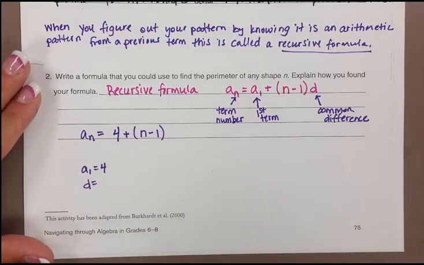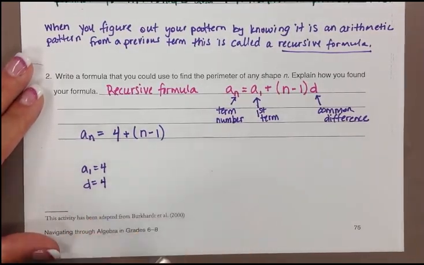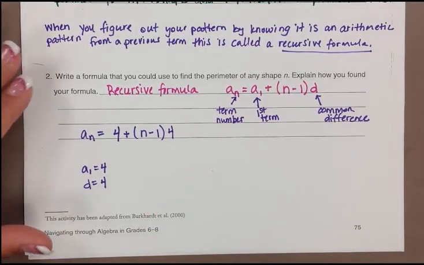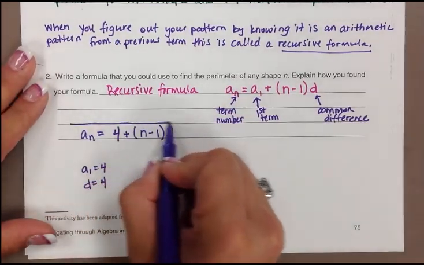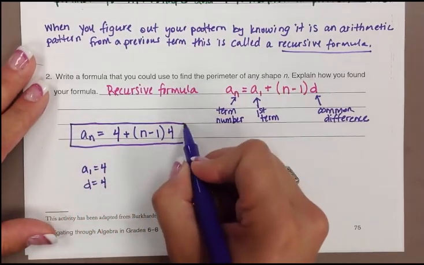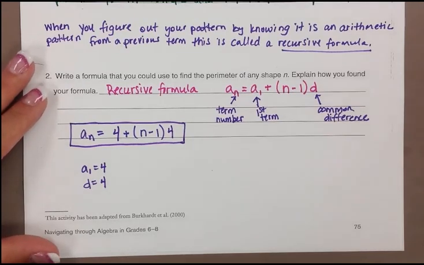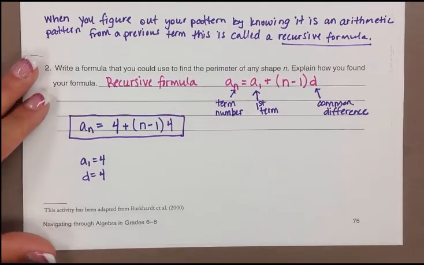Our common difference we found, we added 4 each time, so it's a positive 4. So at the end, we're going to multiply by 4. So our recursive formula for any shape n is a sub n equals 4 plus n minus 1 times 4.